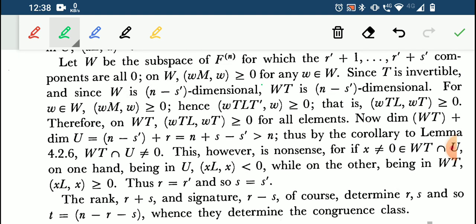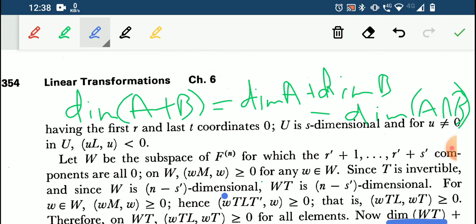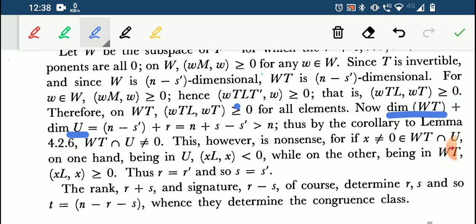Here, A will be Wt and B will be U. So dimension of Wt plus dimension of U will be given by this.